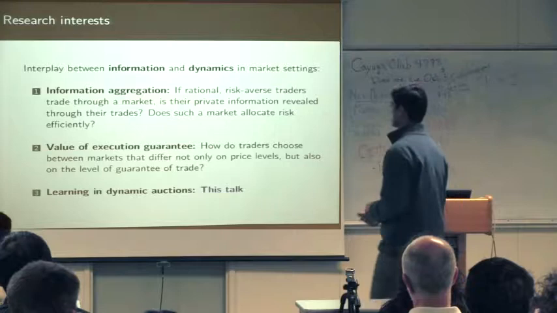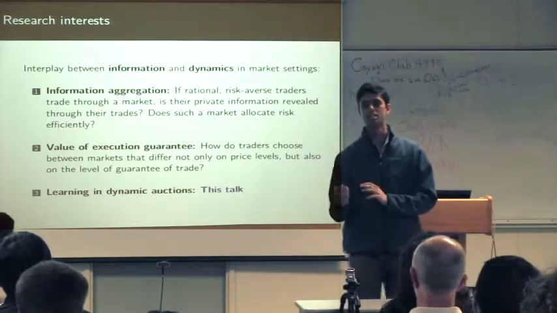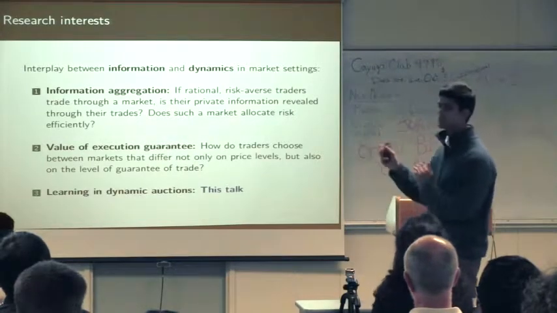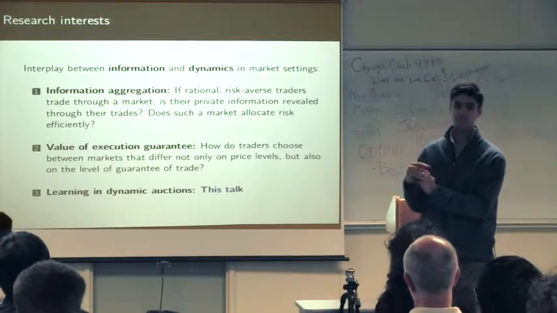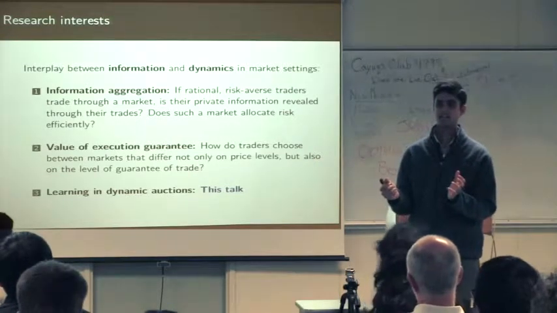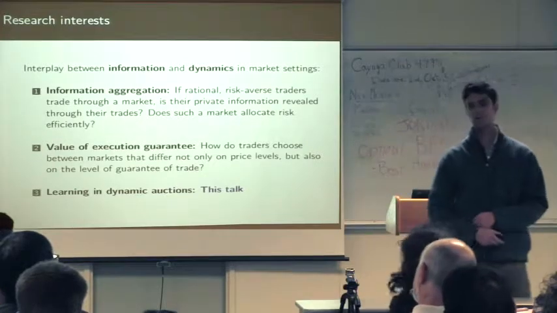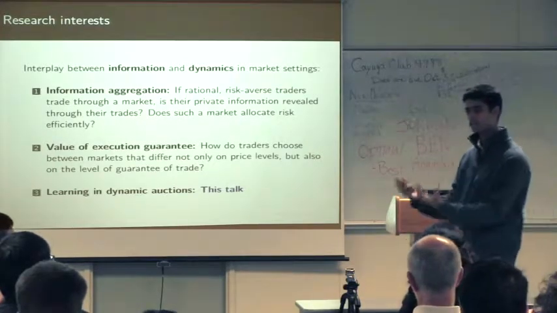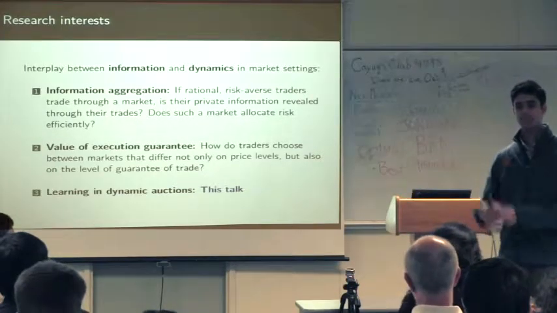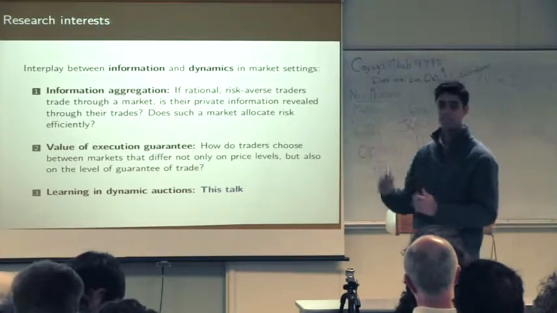The next work, which is currently ongoing, is about how traders choose between different price levels that differ in what kind of execution guarantee they get. Let me give an example. Even in a simple stock exchange, you can put in a market order where you agree to buy or sell at whatever price is determined by the market.